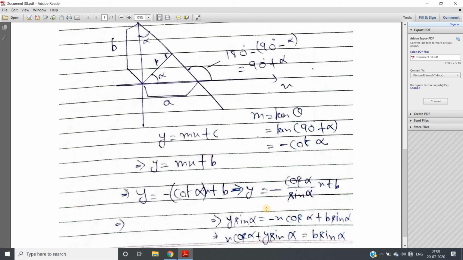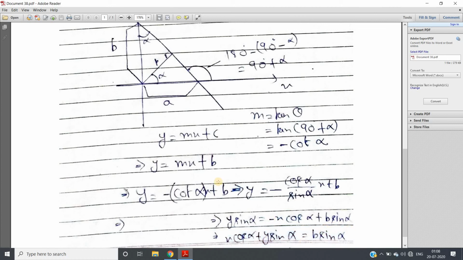Now cross multiply by sin alpha, you will have y sin alpha equal to minus x cos alpha plus b sin alpha. Take x cos alpha to the left hand side, you will have this equation, x cos alpha plus y sin alpha equal to b sin alpha.